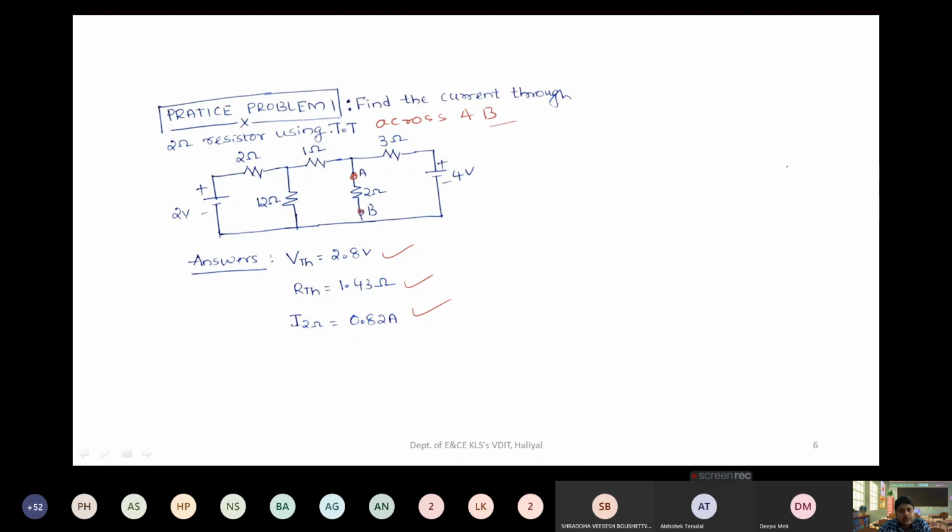Find the current through the 2 ohm resistor. The first step, using Thevenin's theorem, is to open circuit that. You have to take off the 2 ohm resistor.